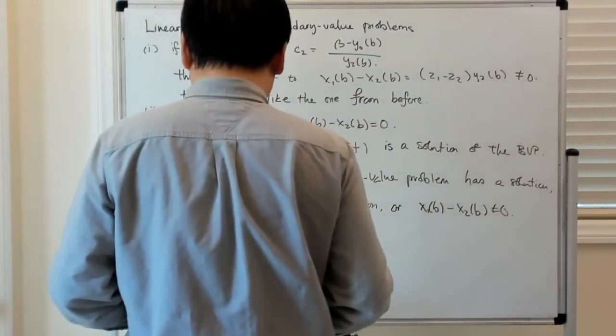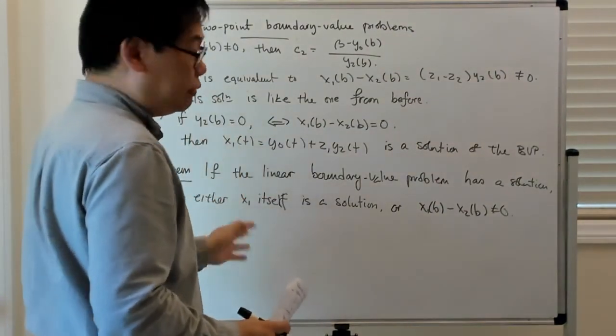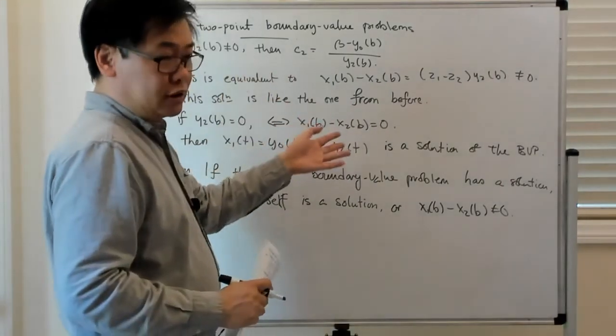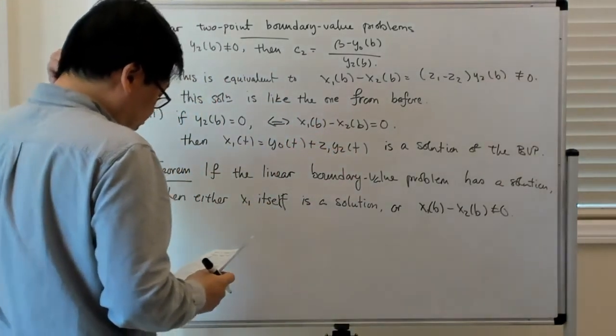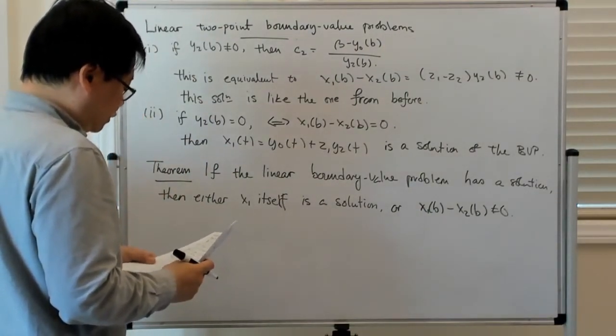So basically, you're either in a situation where one of the things you computed was already a solution, or if that's not the case, then you can construct a solution from the combination of x1 and x2. Okay, so that's the theoretical framework.